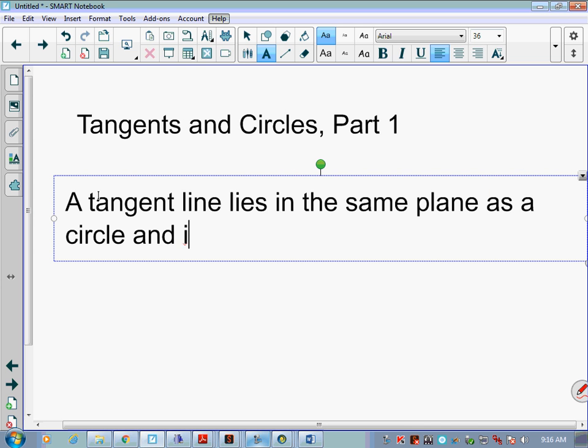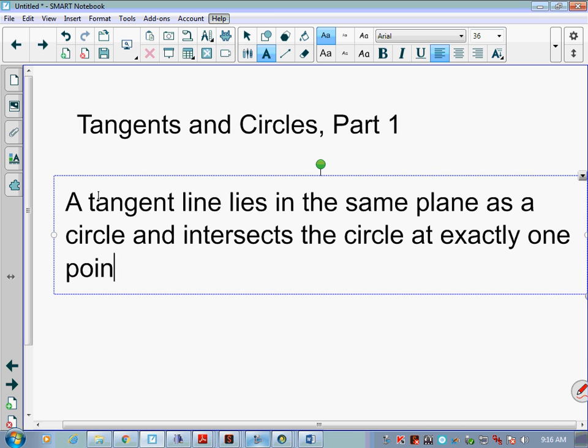A tangent line lies in the same plane as a circle and intersects the circle at exactly one point. That's important.